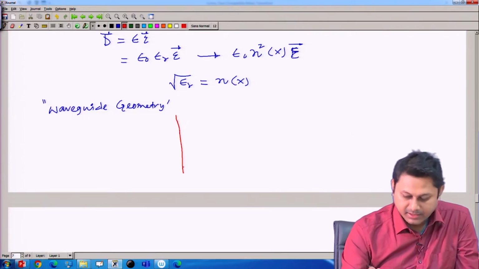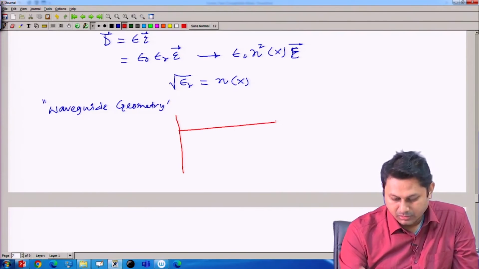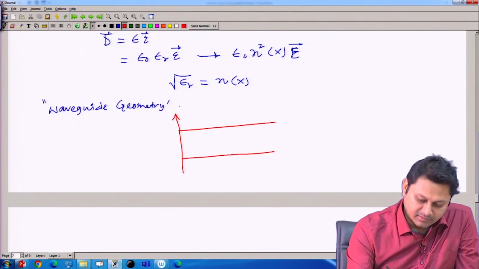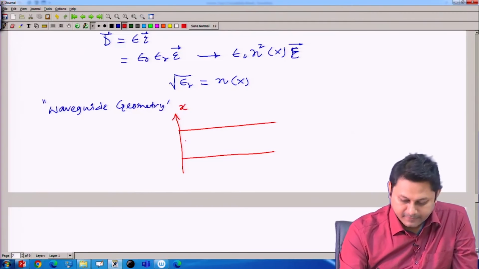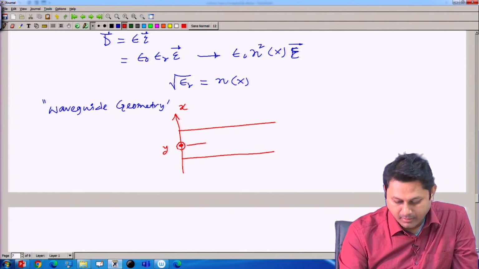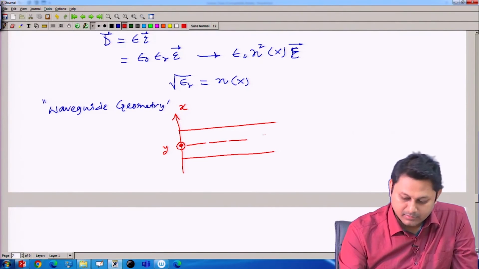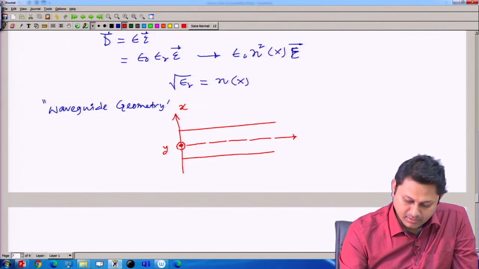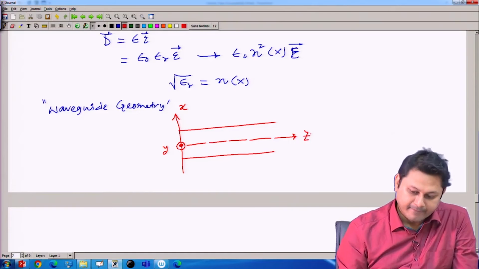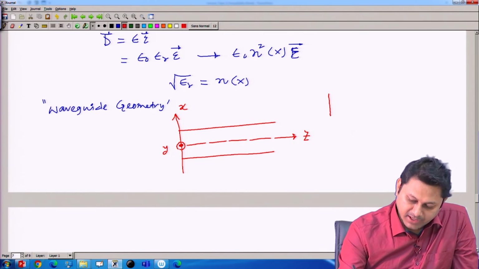So, I have a block like this, a known waveguide geometry. Along this axis I say this is my x, the y axis is perpendicular to the plane, and along this direction I have my z, the propagation direction. So, the refractive index profile is like a step index profile.